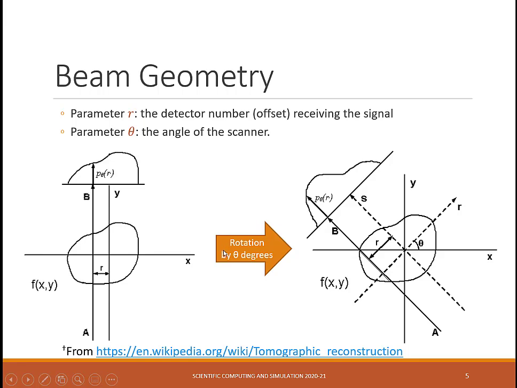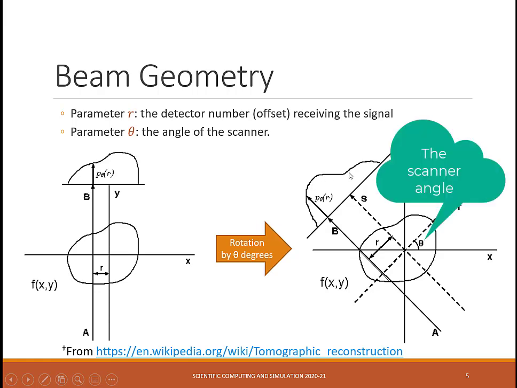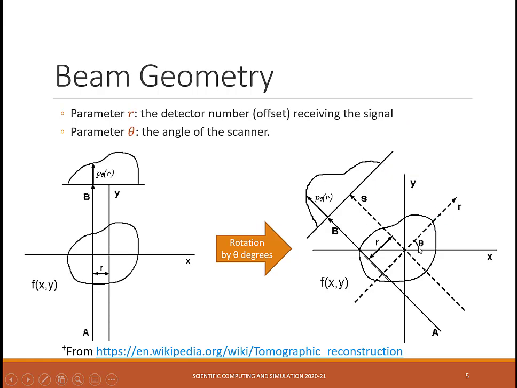For instance, the figure on the right shows a projection of the subject when the scanner rotates by theta degrees. So, the raw data or the raw signal which is collected by detectors is a set of points, where each one has an offset value r and an angle value theta.